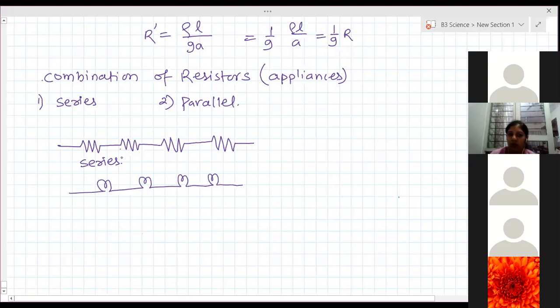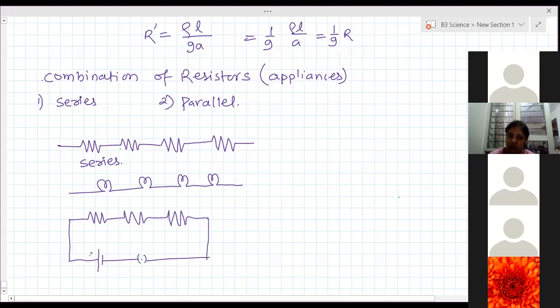So this type of combination is called series combination, where the resistors are connected one after the other. In the circuit, they are connected like this: one resistor, second resistor, suppose three resistors are there. They are connected with the main supply and the key. Like this is the combination.